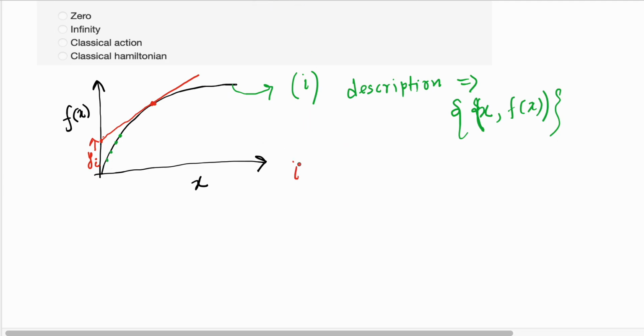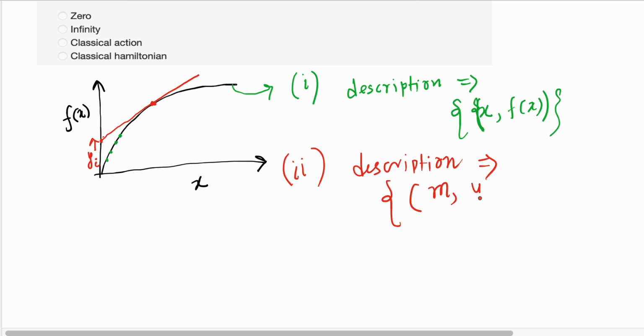So another description is you mention the inclination. Suppose the inclination of this straight line is m and the intercept is y_i.